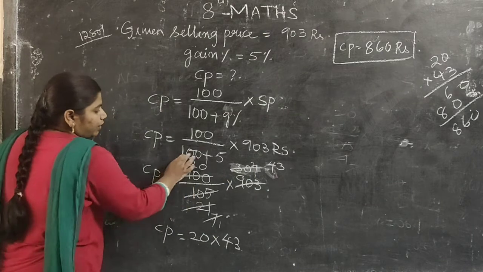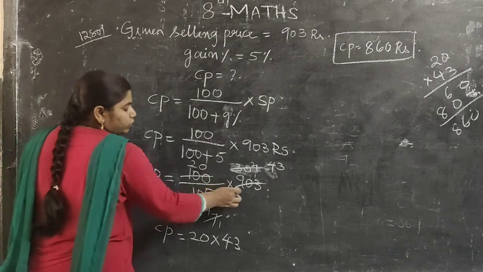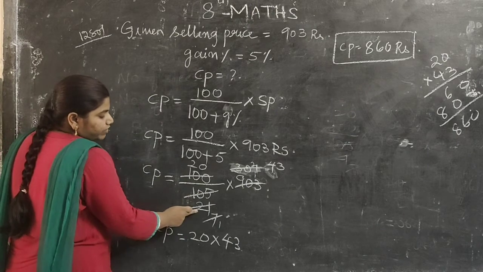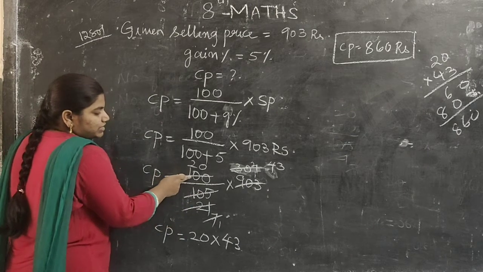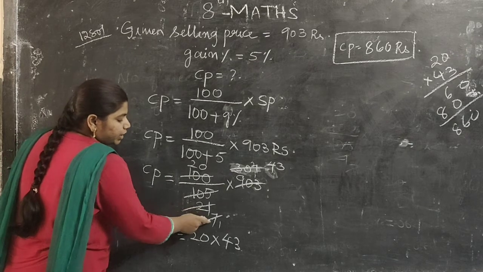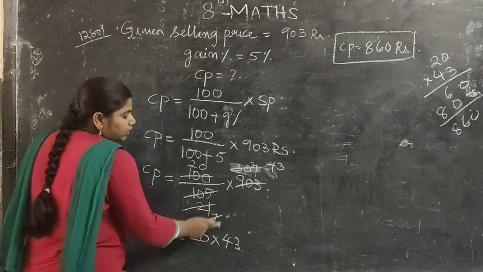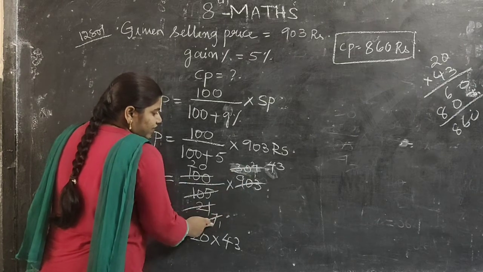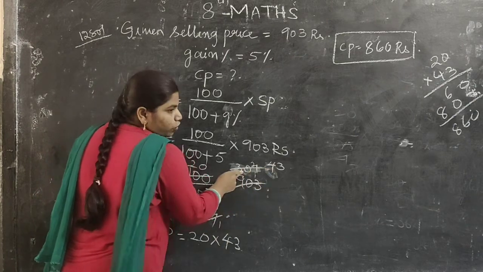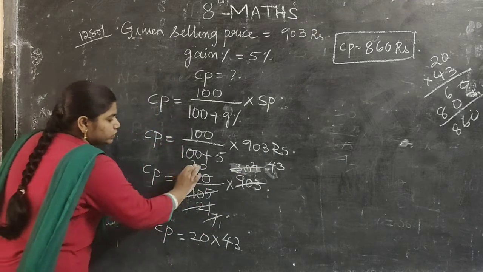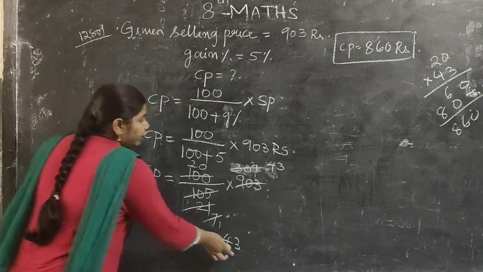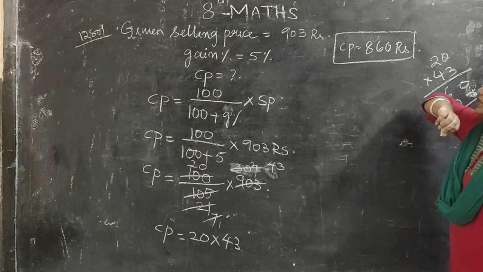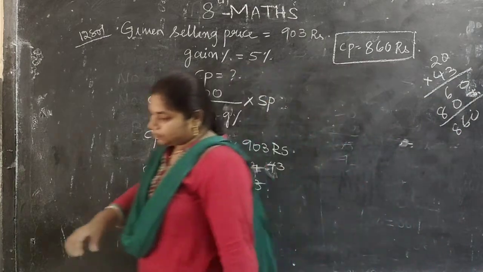Now 100 by 105 into 903. Here I have cancelled in the 5 table: 5 twenty-ones are 105, 5 twenties are 100. Now I have cancelled in the 3 table: 3 sevens are 21, 3 threes are 903. Now cancel in the 7 table: 7 ones are 7, 7 forty-threes are 301. So what you got: CP is equal to 20 into 43. 20 into 43 is how much? 860 rupees. So the CP value you got is 860 rupees.